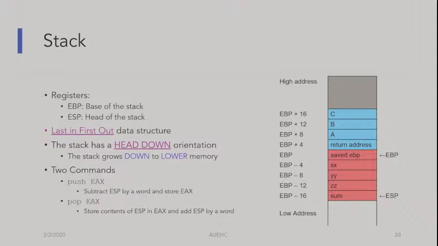Because if you use the stack pointer, what's going to happen? What is the stack pointer responsible for within the stack? It points to the top of the stack, but it's constantly moving, right? So if you were to use that for local variables, what might happen? Well, you could lose them, or you have to constantly keep track of how much you're moving ESP and where the variables relate to that.